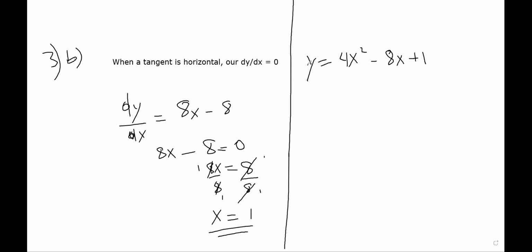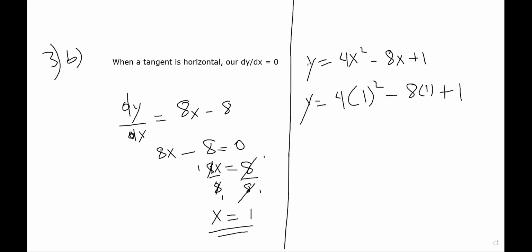So I go plug and chug. We'll plug our x value into our y equation to find y, all right? So we're going to say now, y is equal to 4, plug in our x equal to 1, squared, minus 8, x equal to 1, plus 1.